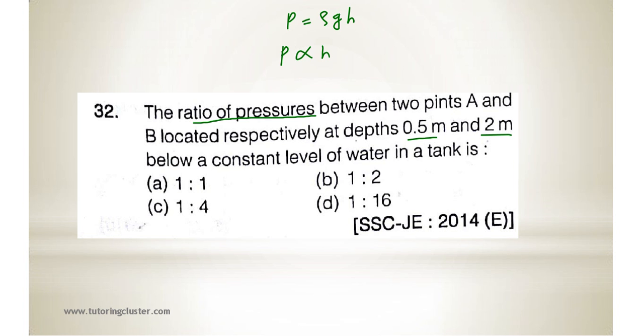So pressure at A to that of pressure at B is equal to depth of point A to that of depth of point B. So 0.5 divided by 2. It will be 1:4.